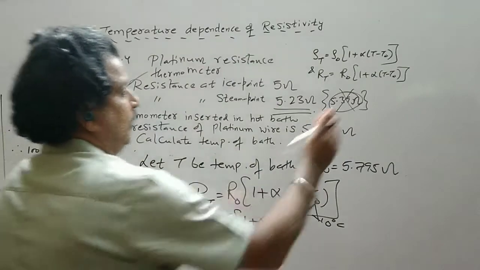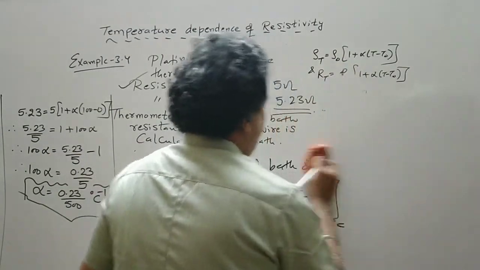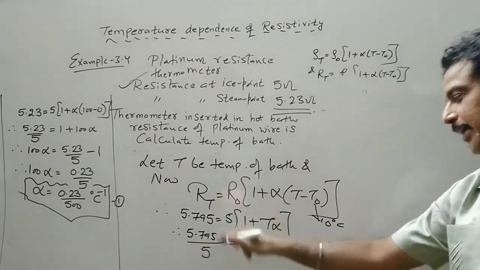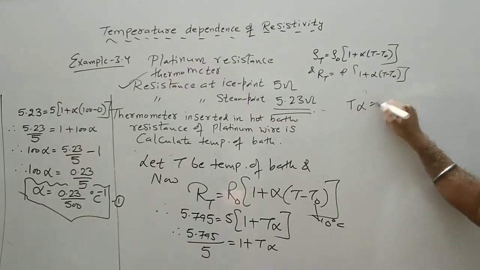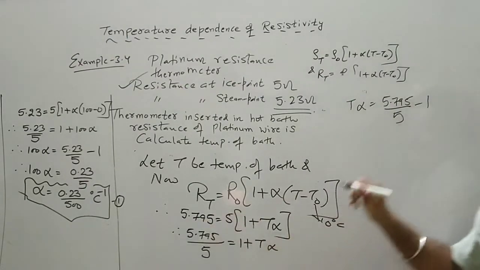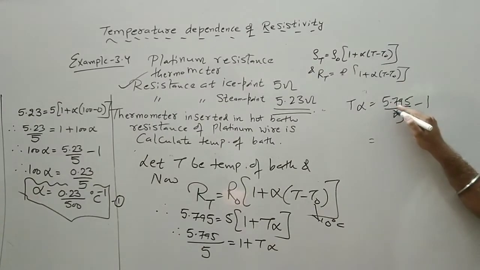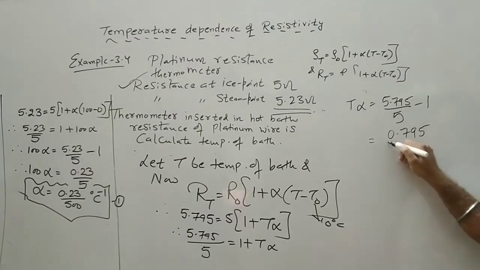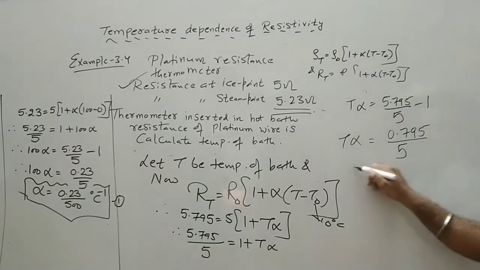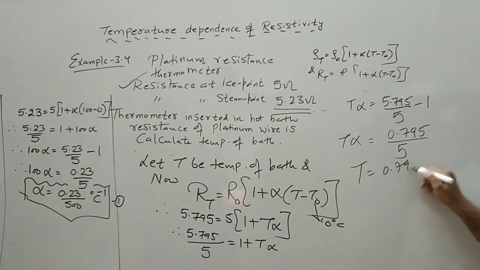And therefore we simply do the calculation. Whatever value comes out for this minus this, T alpha is equal to 5.795 upon 5 minus 1. So this is equal to 5.795 minus 5, that is 0.795, divided by 5, that is T alpha. So T is equal to 0.795 upon 5 alpha.